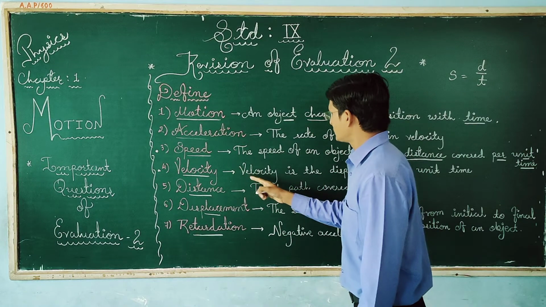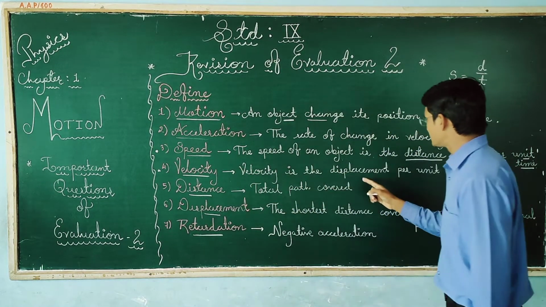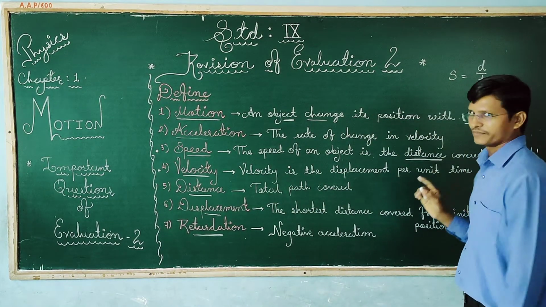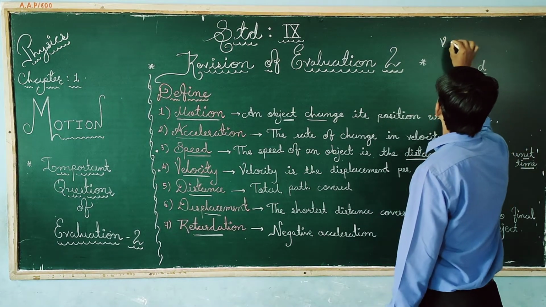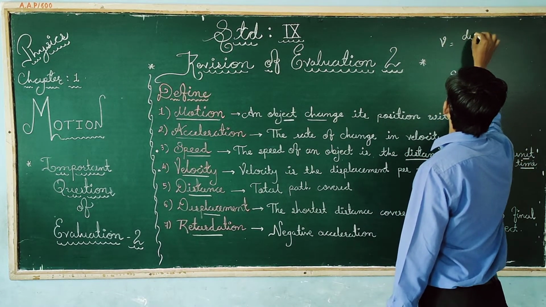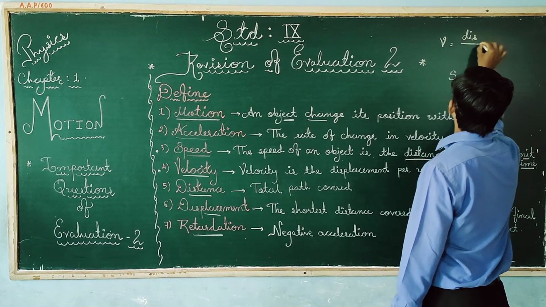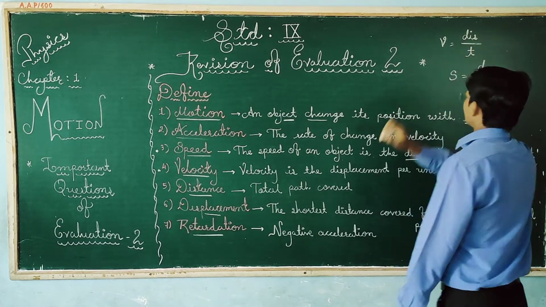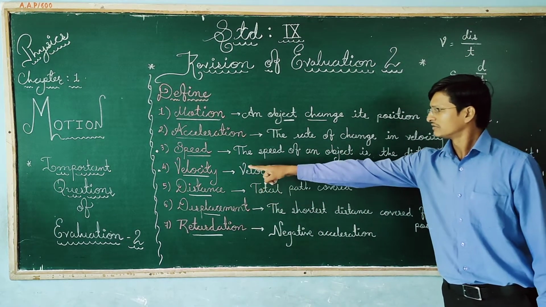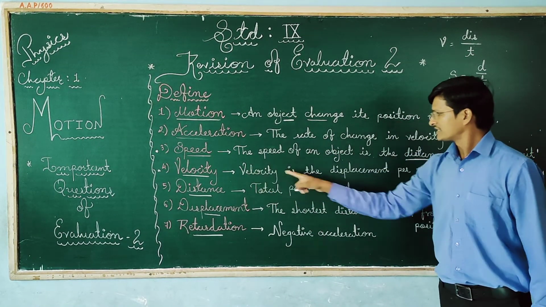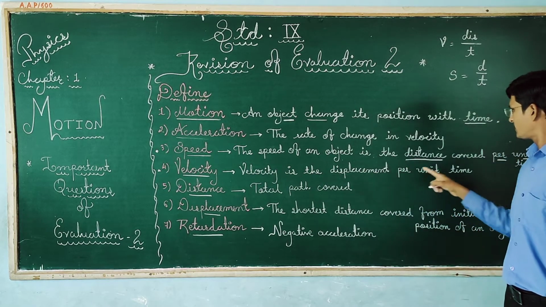Now, velocity is what? Velocity is the displacement per unit time. So that is our velocity. Velocity is the displacement per unit time.